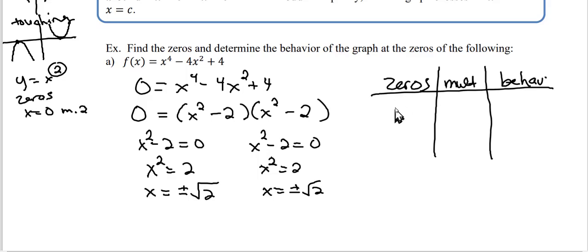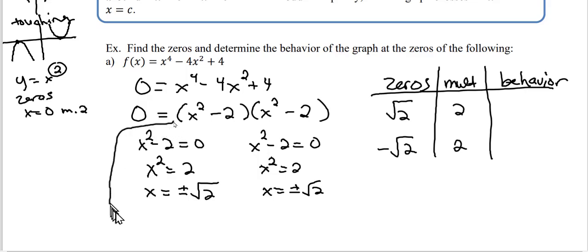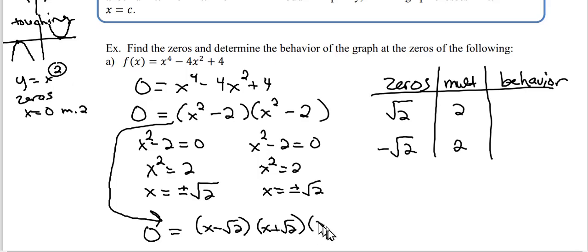Okay, my zeros, I get positive square root of 2 and negative root 2. The multiplicity of both of those is 2. If I tried to write this in factored form, I could rewrite this equation as 0 equals x minus root 2, x plus root 2, and those would show up twice.